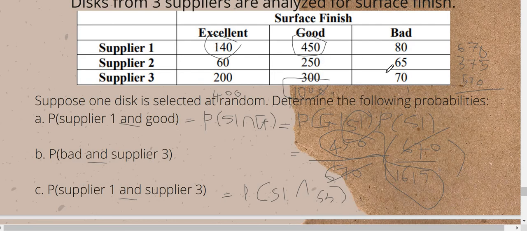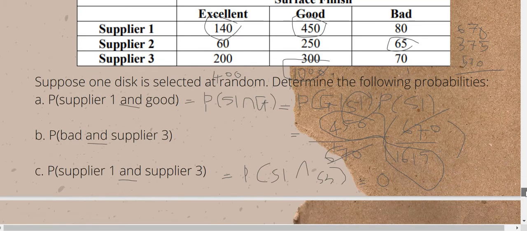S2 and bad, yes, you have 65. But how about S1 and S3? They have no intersection. Therefore, the probability of S1 and S3 is 0. It is a mutually exclusive event because they have no intersection between these two events.